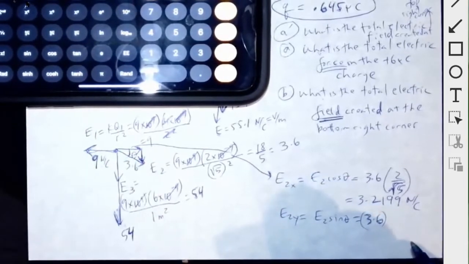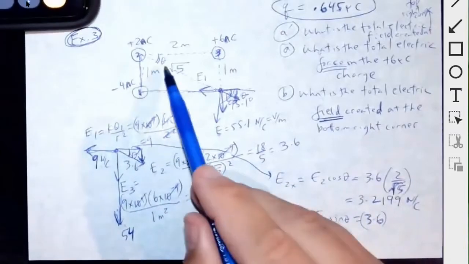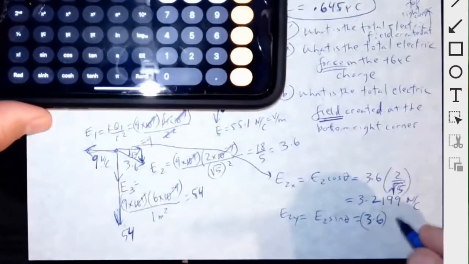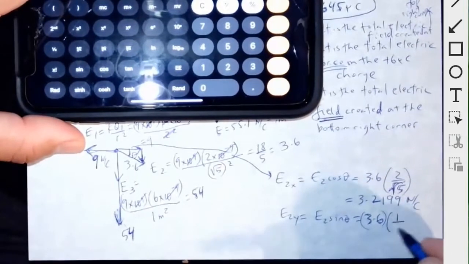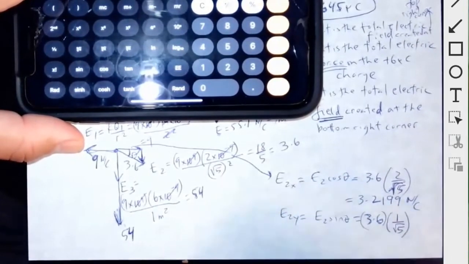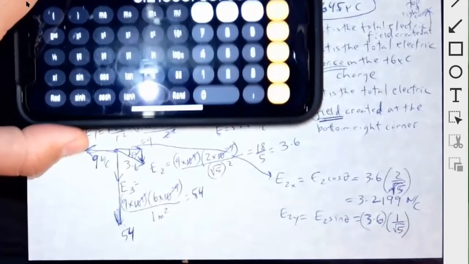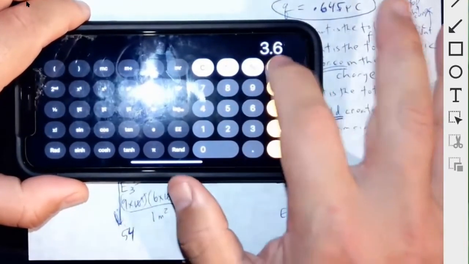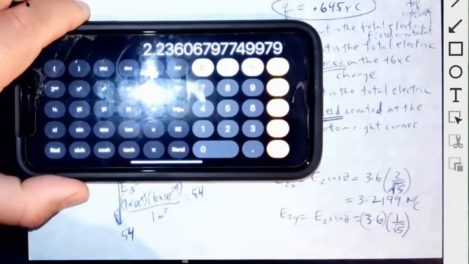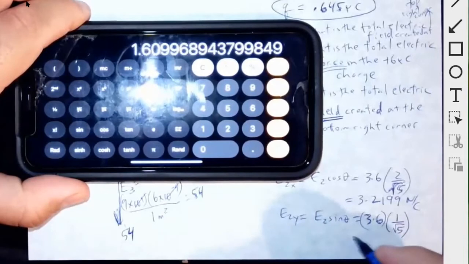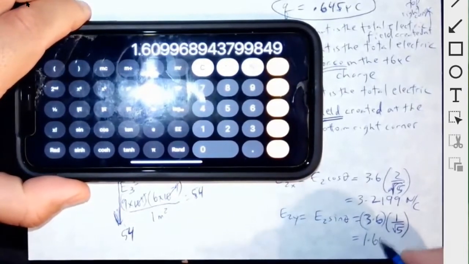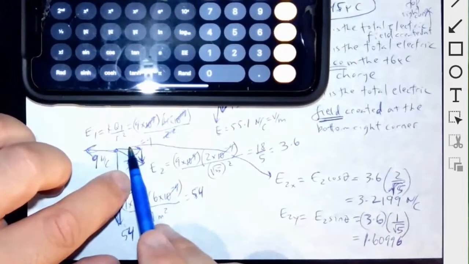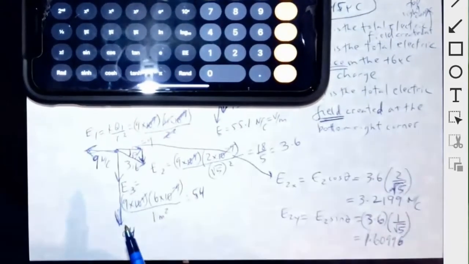And then the sine of the angle is going to be what? 1 over root 5, right? 1 divided by root 5. 3.6 divided by root 5 is 1.60996. Okay, now I've broken that vector up into x and y component.